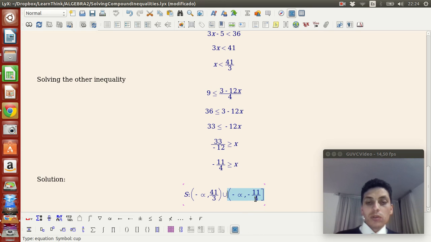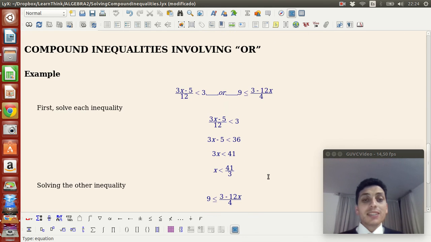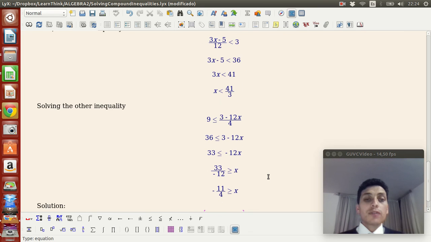So I can just use minus infinity to 41 thirds. Of course, you can use a number line to graph and check. And this is how you solve compound inequalities with AND or with OR.